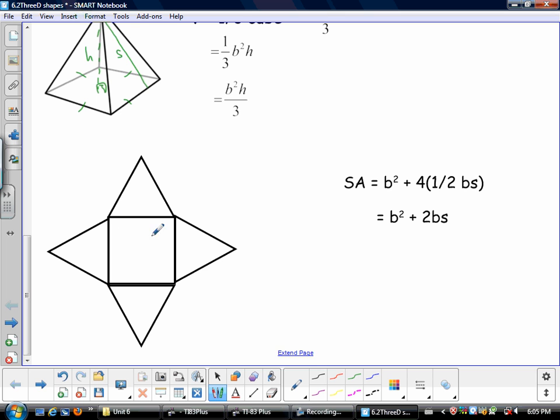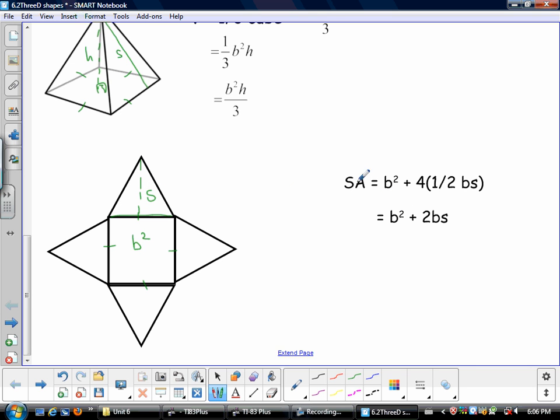Now, surface area is where we come to a little bit of difference. You can see the bottom obviously is the base squared, because they're all equal to each other. But then each one of the sides, when we peel them, are actually triangles, and there's 4 triangles. Now the thing is with the triangle, it has a base, but then the height that we're talking here is actually that slant height.